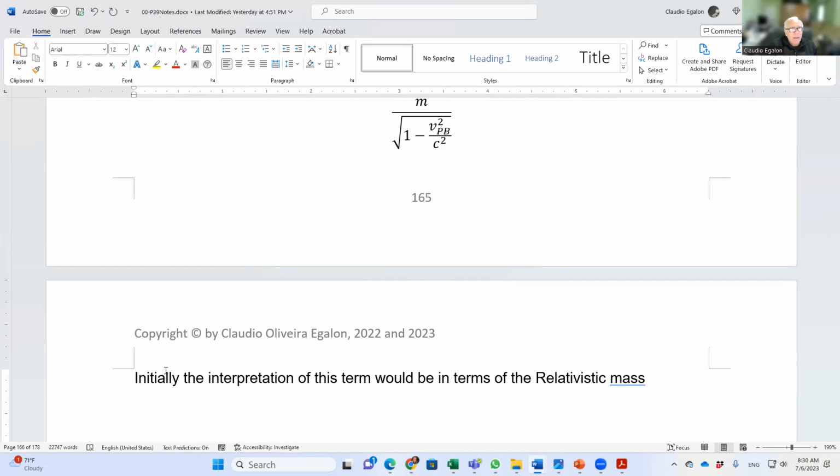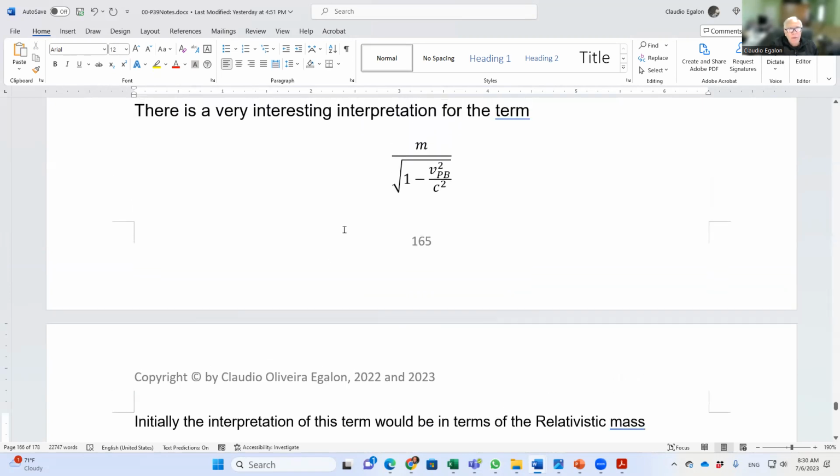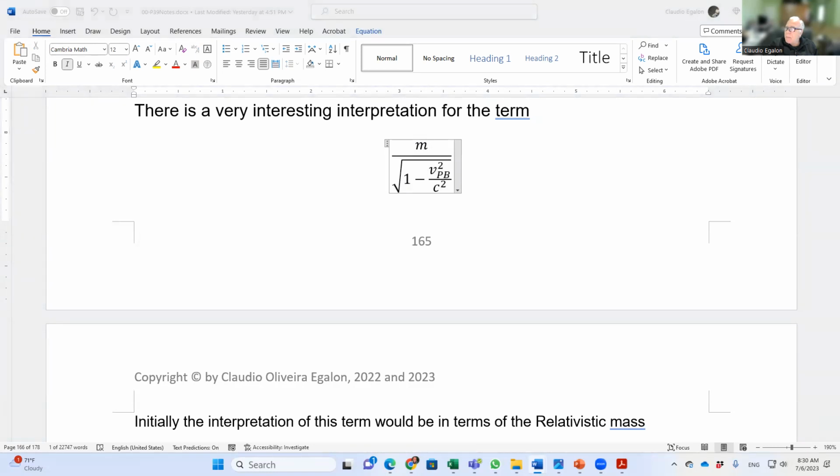And this relativistic mass has a rather interesting behavior. Okay, remember, this guy behaves like the gamma term, right? This term. And its interpretation is like that.